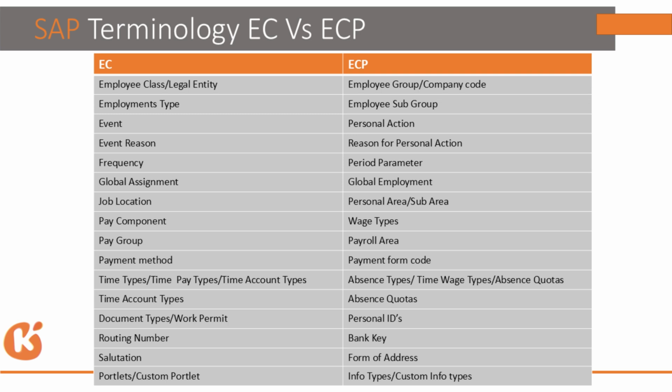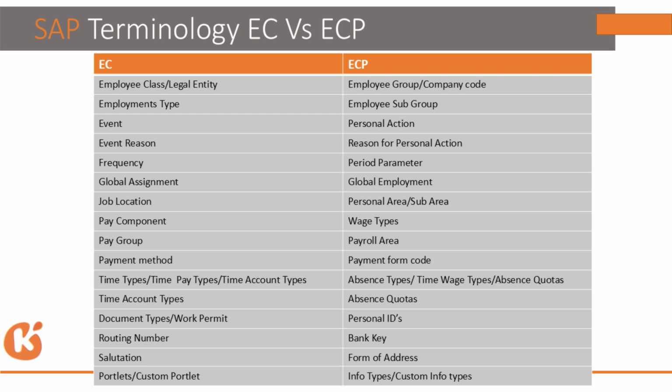Employee group is just grouping employees. Suppose we have 10,000 employees, we group 5,000 employees as salaried employees, 2,000 employees as retired employees, and you can bifurcate that. The same terminology in Employee Central is called the employee class. So in ECP we call it the employee group, and the same thing they call the employee class.